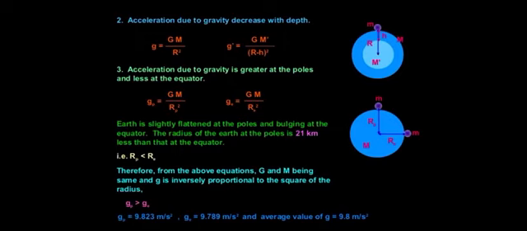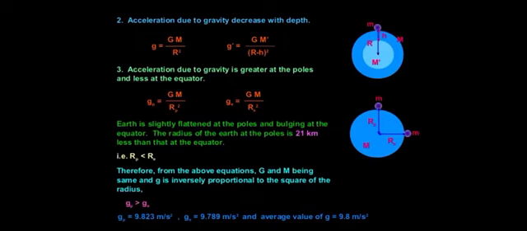That is why the radius at the poles is less than the radius at the equator. Therefore, from the above equation, capital G and capital M being same, small g is inversely proportional to the square of the radius. That is why small g, the value of acceleration due to gravity, is greater at the poles and lesser at the equator.